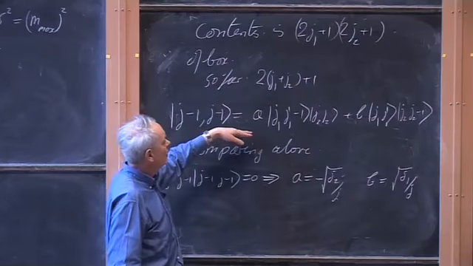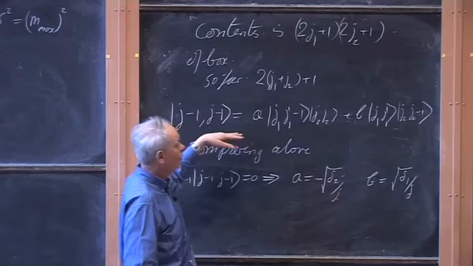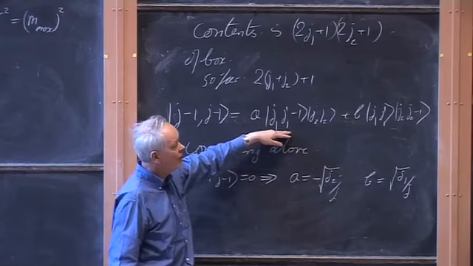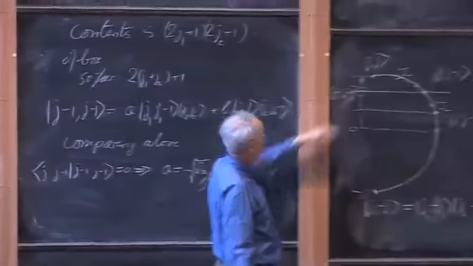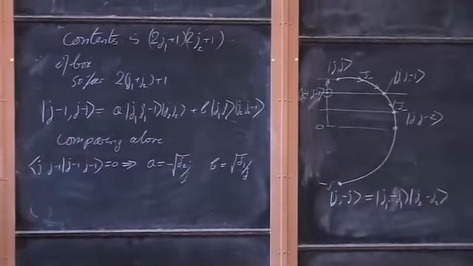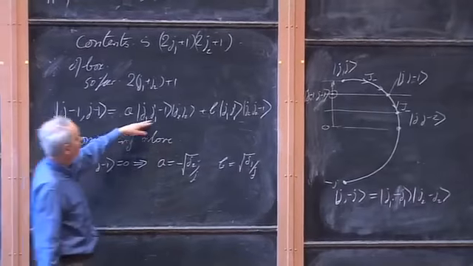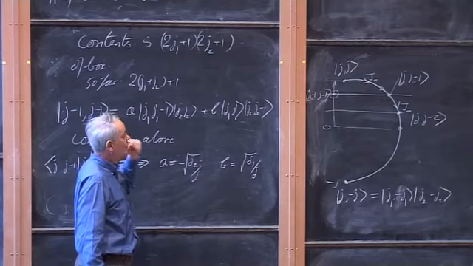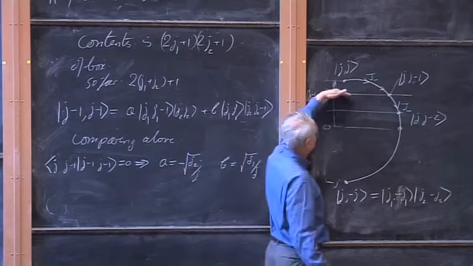And then, if you're a skeptic, you've got a well-defined state, you can apply J squared to it and show that it produces the expected eigenvalue, and it's trivial to see that this thing has an eigenvalue J1 plus J2 minus 1 for the Jz.